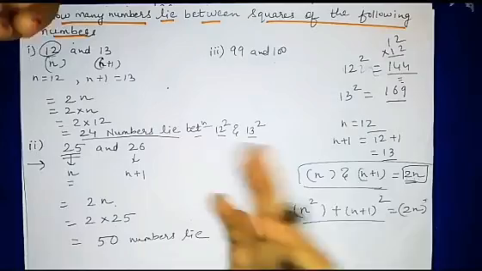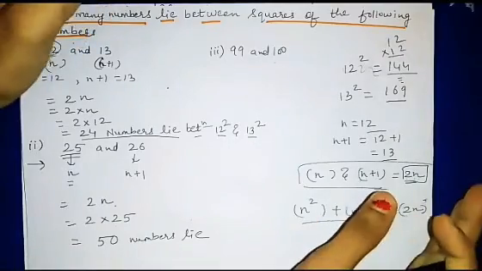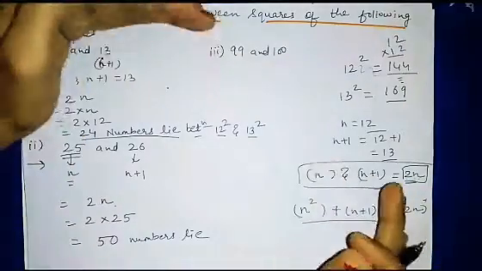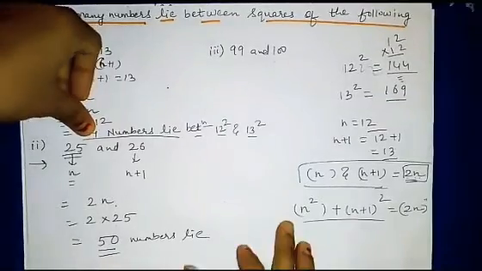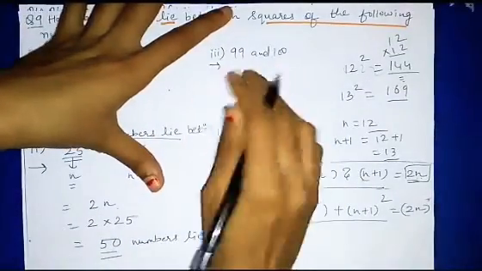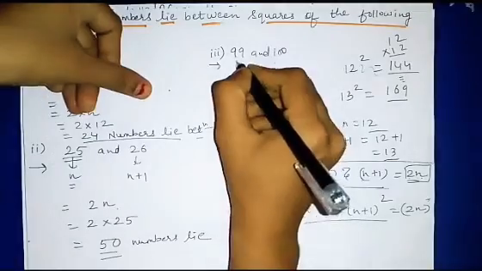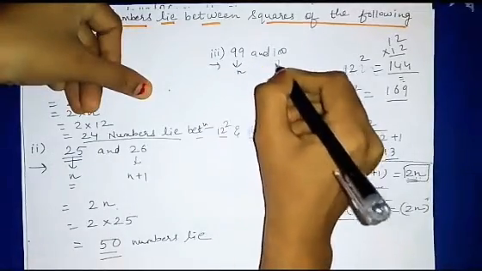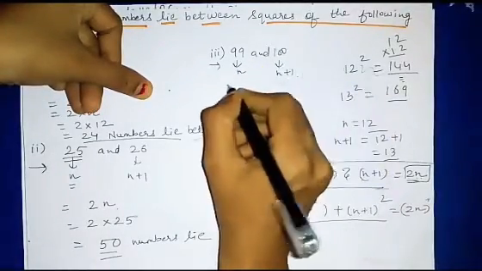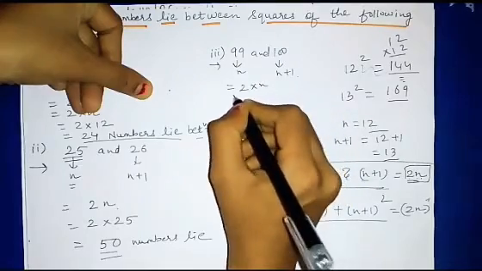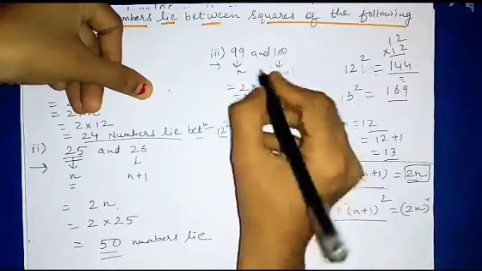We will square 25 and square 26. Whatever answers come, between both answers, a total of 50 numbers lie. Now the third one is 99 and 100. So this 99 is n and this 100 is n plus 1. Again the same formula, 2 into n, where n means 99.